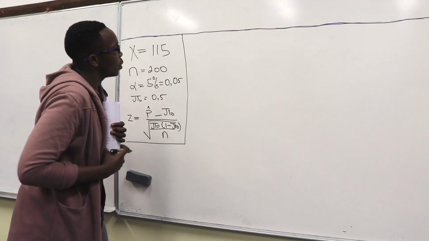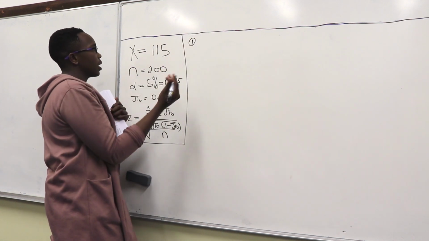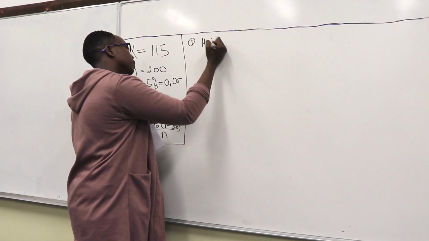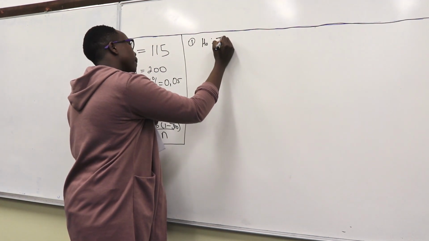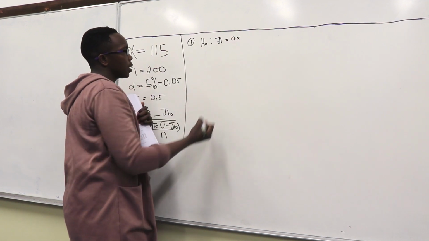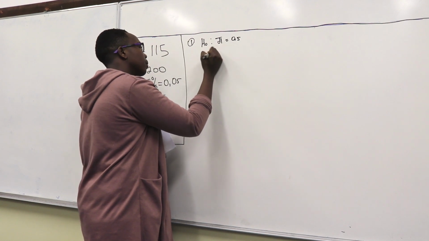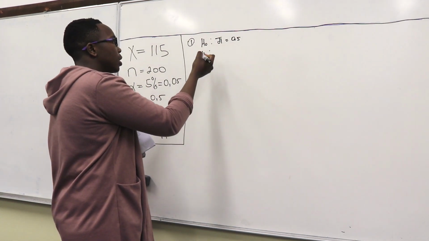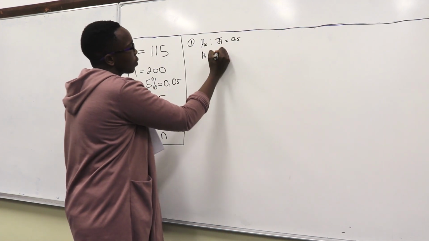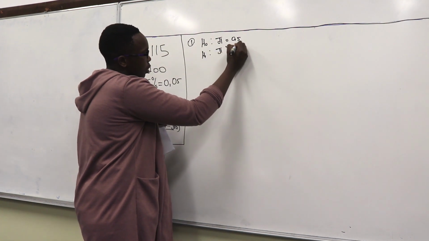And then we start with our first step, which states that we have to state our hypothesis. So we'll say that our H naught is pi equal to 0.5, right? And then our H1 is kind of the opposite of what we are saying here, so pi is greater than 0.5.